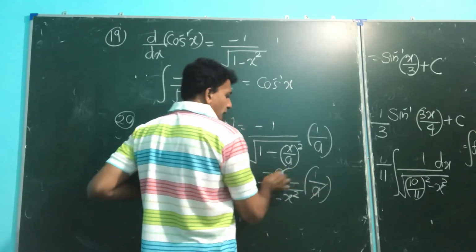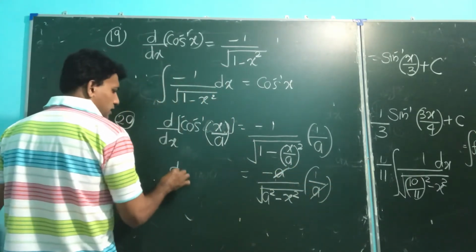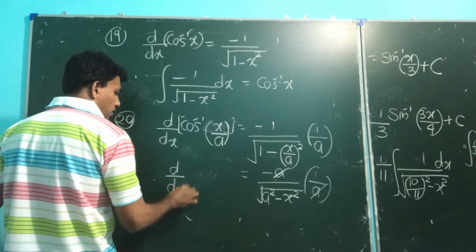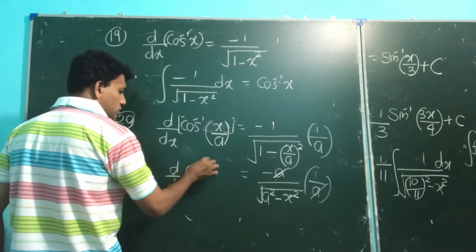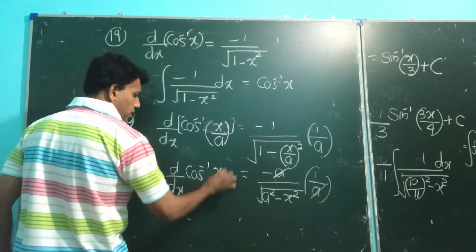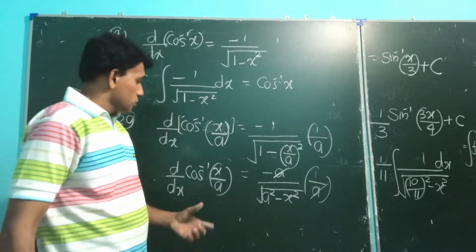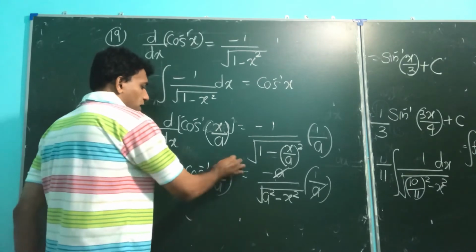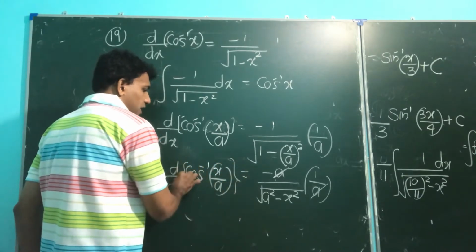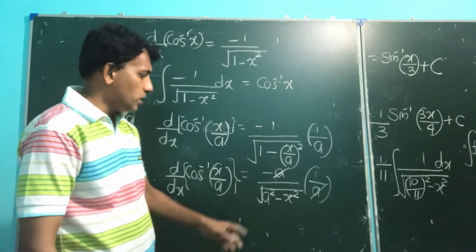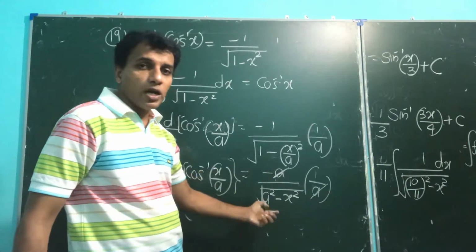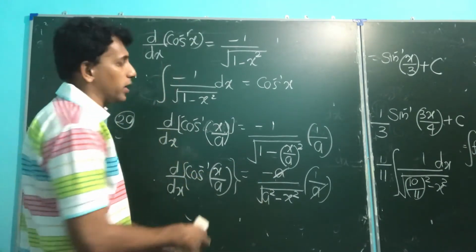Therefore the a cancels. This is d over dx of cos inverse x over a. There's a minus, right? So build up a general pattern: cos inverse x over a differentiation is minus 1 over square root of a square minus x square.